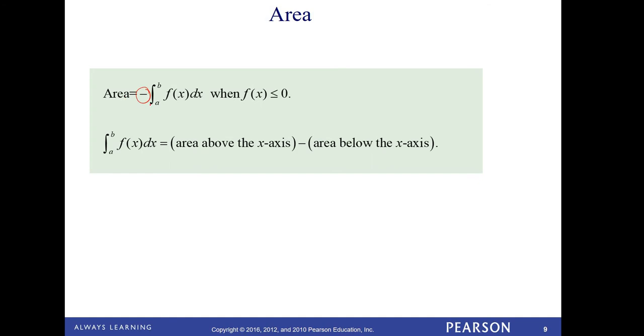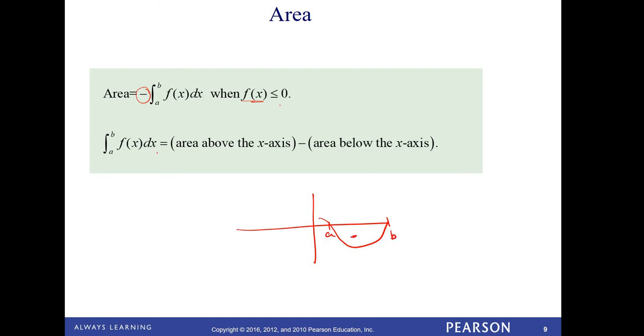When the function is below the x-axis, when the function is less than 0, then the integral is the opposite. We'll remember that from a to b. So this is going to be a negative area.